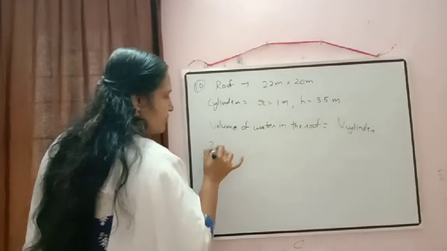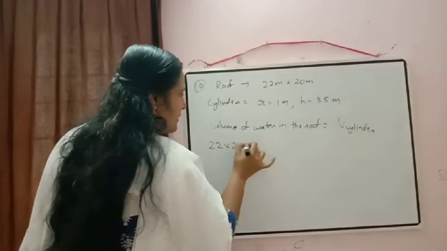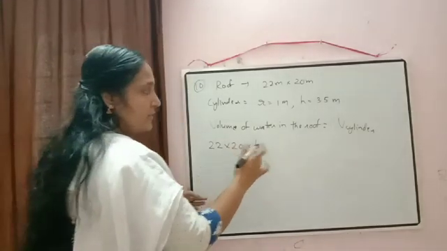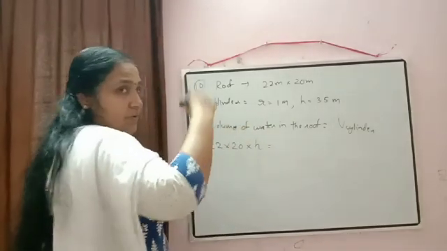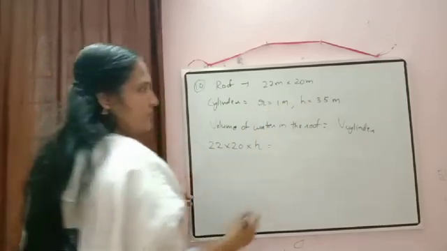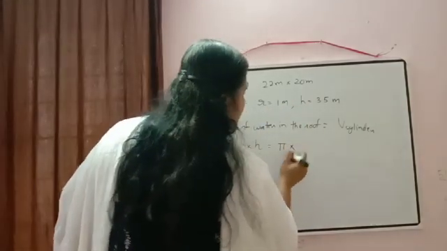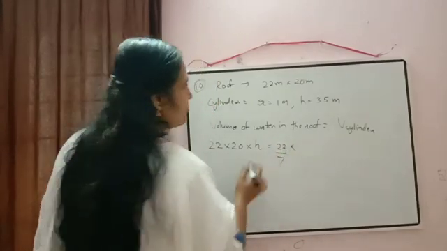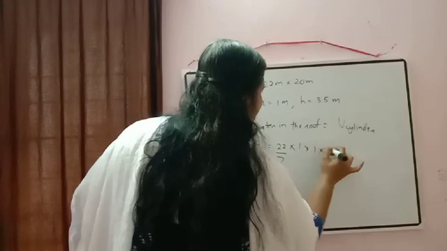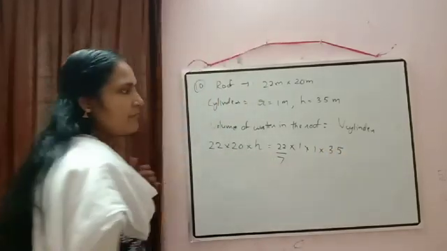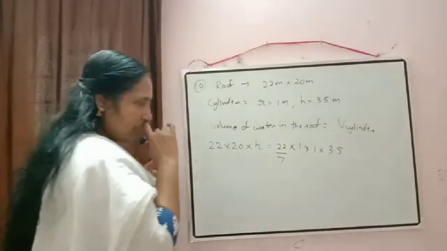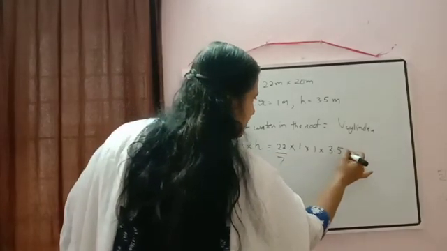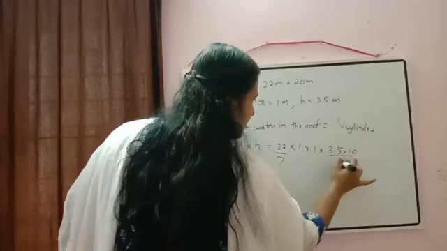Volume of water in the roof will be equal to 22 into 20 into height, which we don't know. This is the height of rise in the roof, not this height. Now here volume of cylinder is pi into, so we can take pi is equal to 22 by 7, into radius 1 into 1 into height 3.5. If there is confusion about 3.5, you can remove the decimal here by multiplying it by 10.